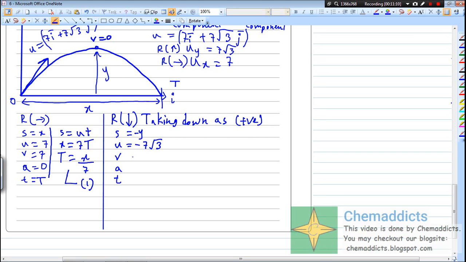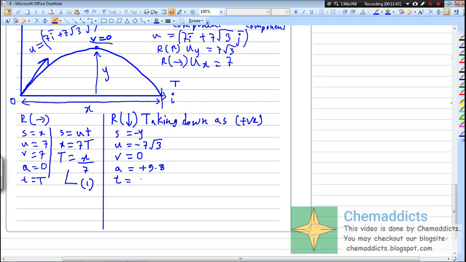Let us put the values over here. In the vertical direction, the velocity would be 0 in the upward direction. Acceleration would be positive, since the acceleration is acting downward and we take downward as positive, which is 9.8.